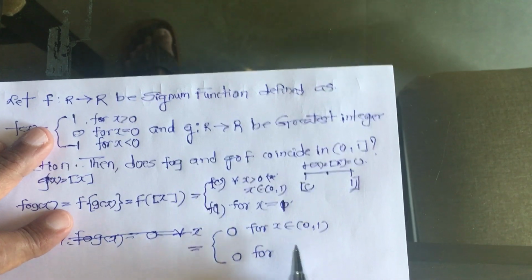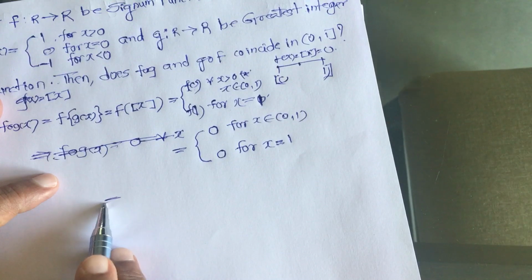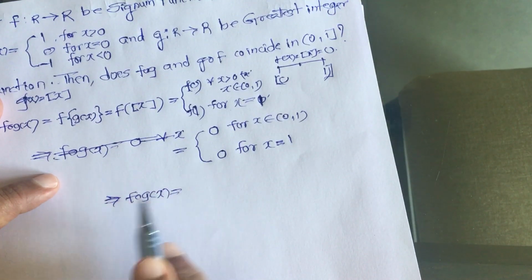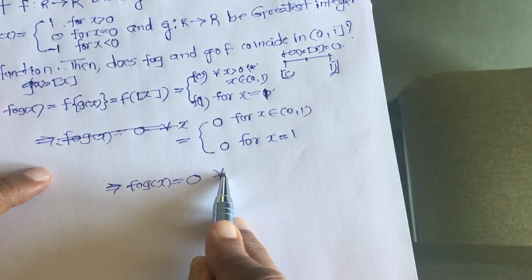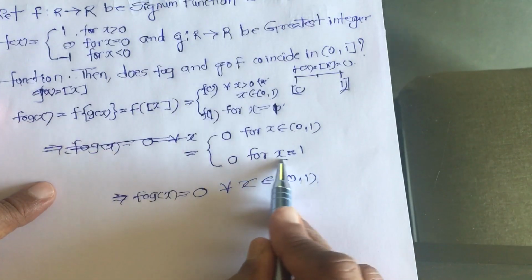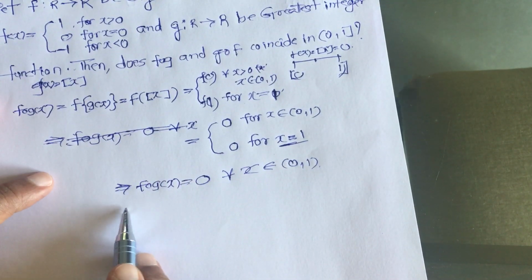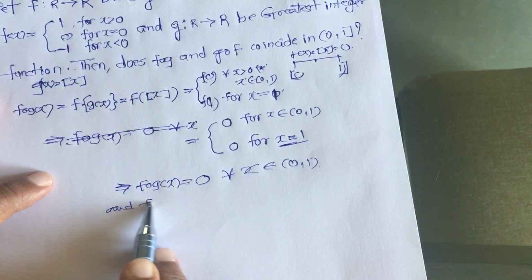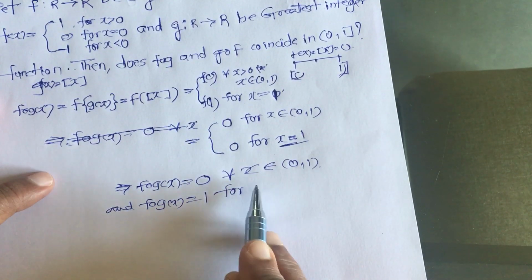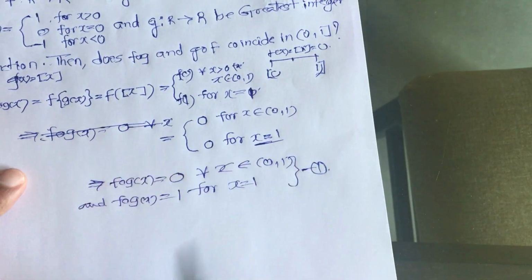So, f composite g of x is 0 for all x in the interval 0 1, and we do not take x equal to 1 because it is only one value. And f composite g of x is equal to 1 for x equal to 1.